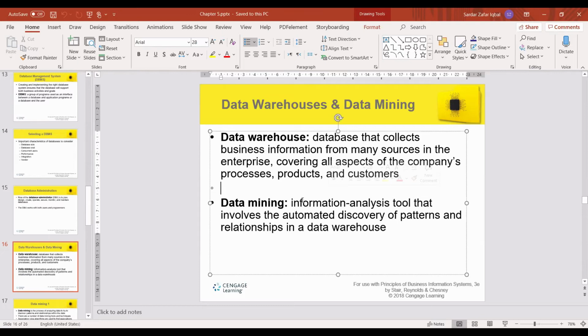Next concept is data mining. An information analysis tool that involves the automated discovery of patterns and relationships in a data warehouse. What is mining in general? Anybody knows? Mining, the coal mining, gold mining.